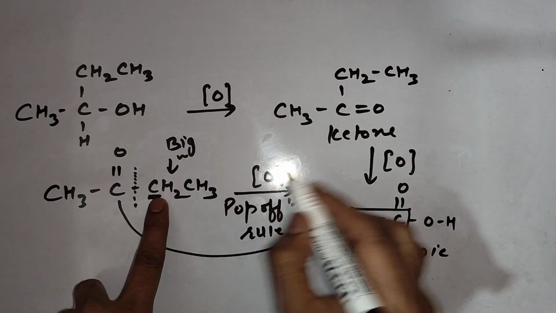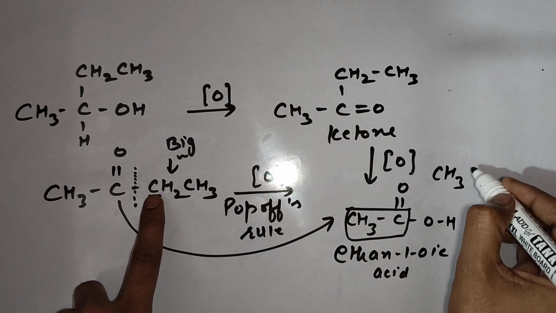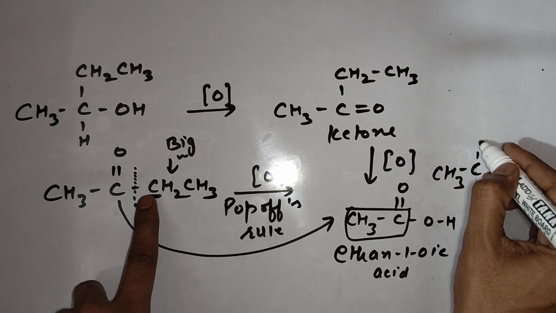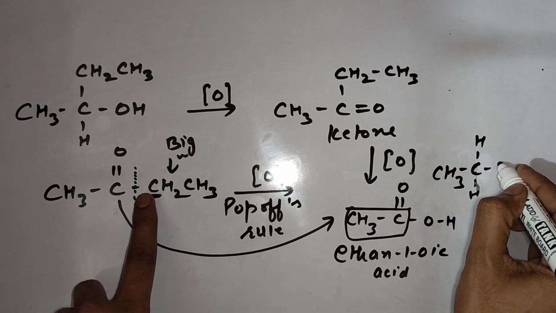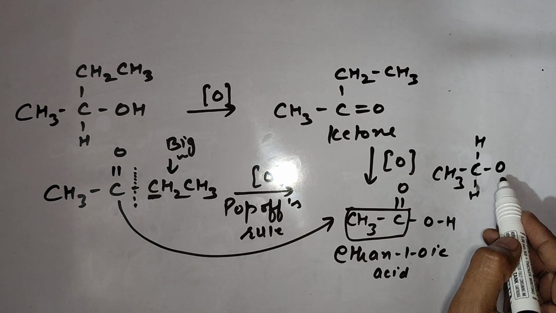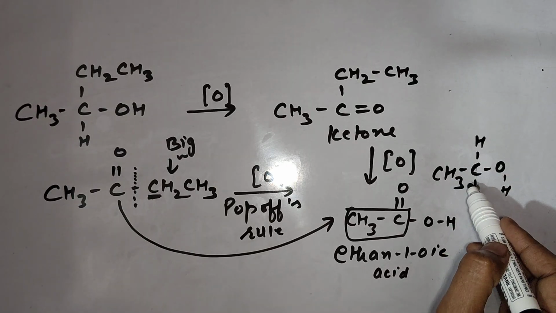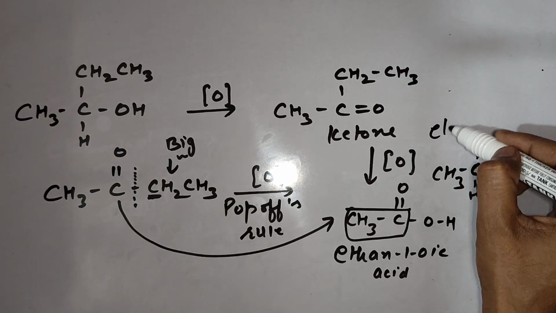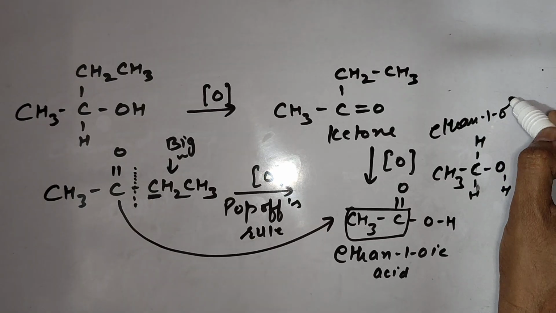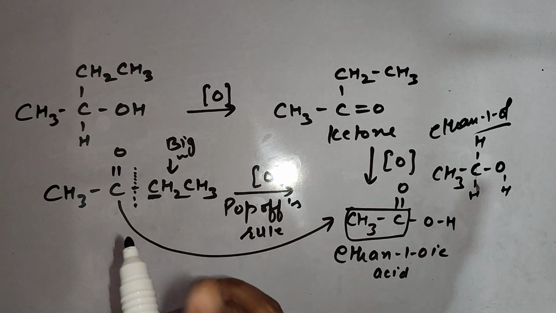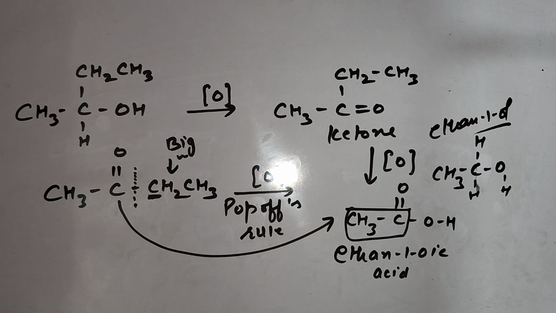So CH3 as it is, this CH2 I am going to write, and this carbon will combine with a single oxygen. And the single oxygen valency will be satisfied by hydrogen. You can check the alcoholic product is ethane 1-ol. Like this. So in this fashion, 2-degree alcohol's oxidation will be solved.